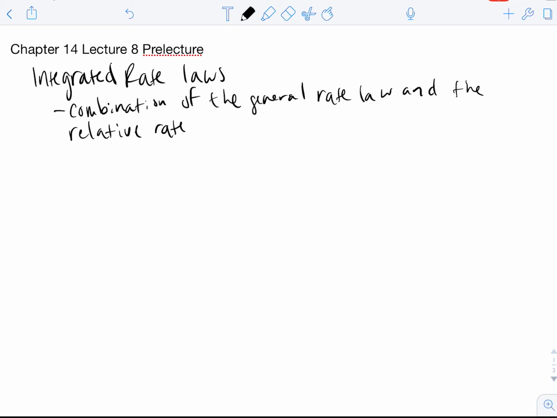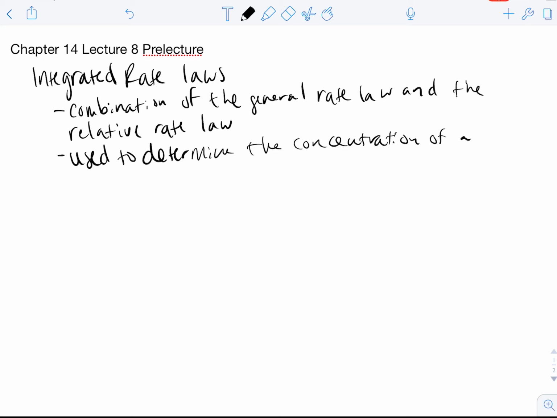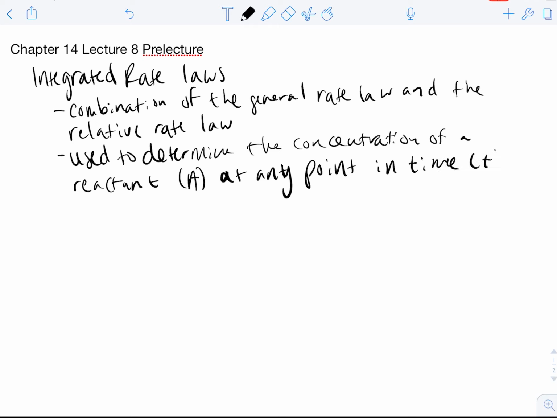And it is used to determine concentration of a reactant at any given point during a reaction. And we're going to call that reactant A at any point in time, which is going to be T.